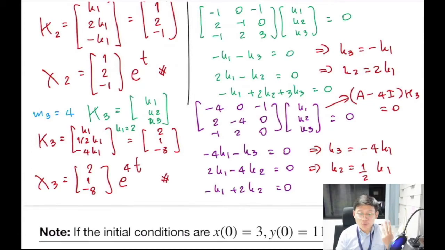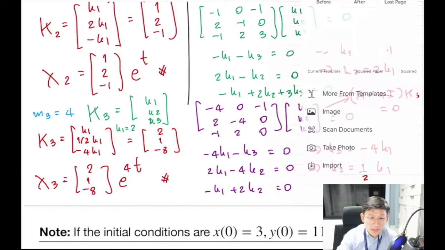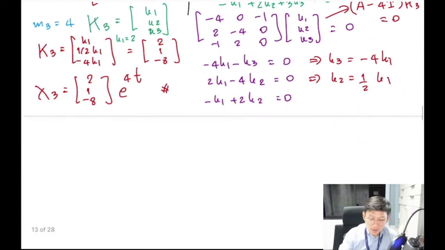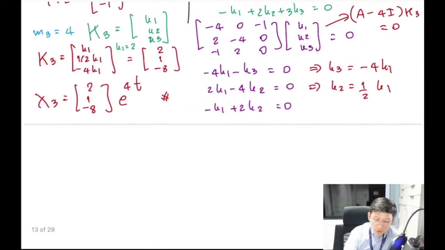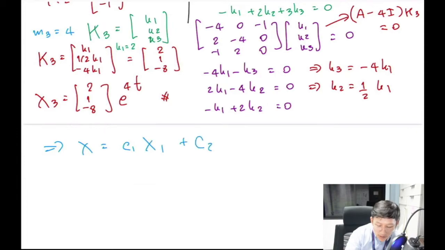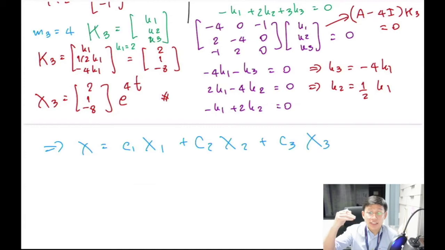Okay, so once we obtain 3 solutions, the general solution x would be c1 x1 plus c2 x2 plus c3 x3 where the c's are constants.